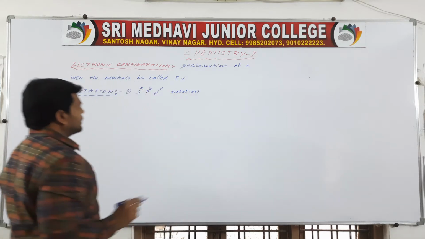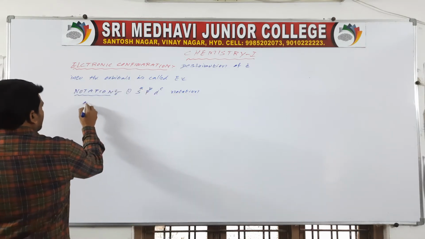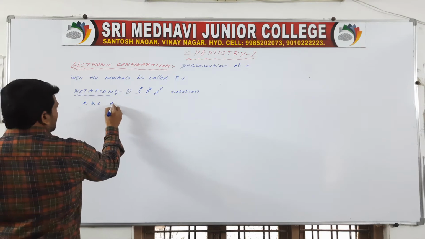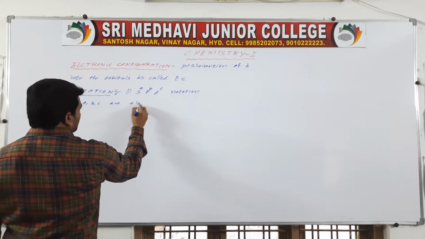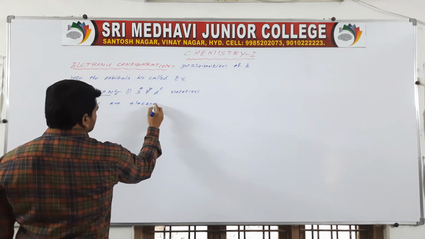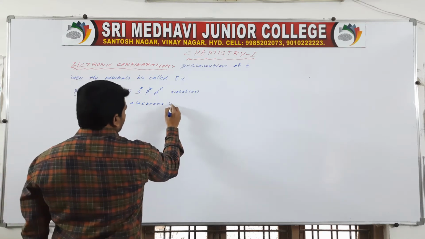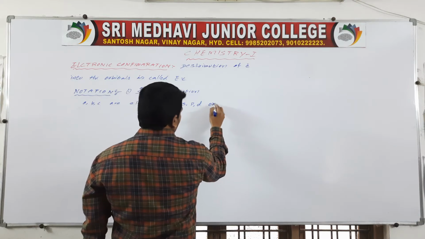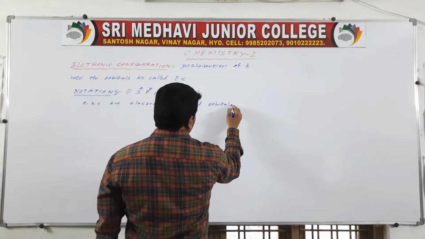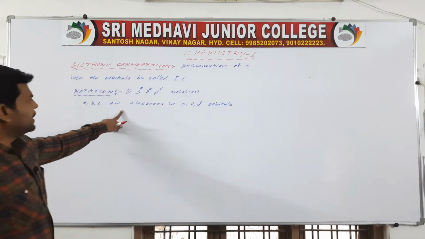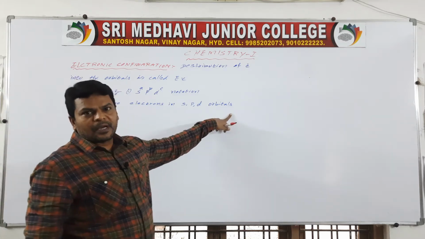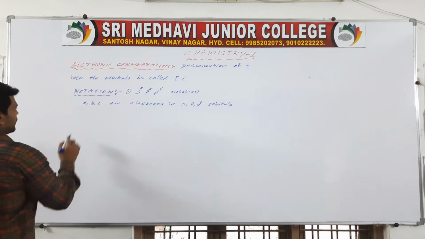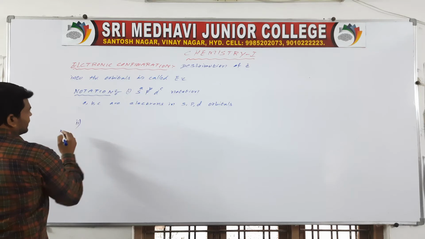This type of notation. a, b, c are the electrons in s, p, d orbitals. That is one notation.